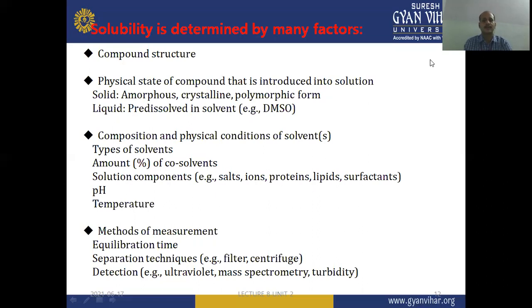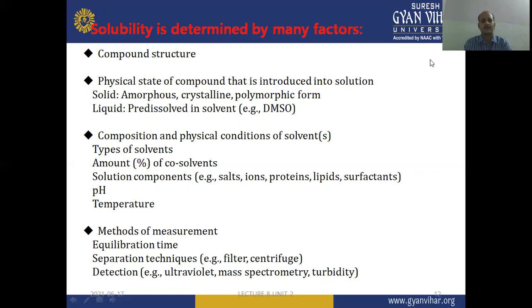So it depends on the types of solvents, the amount or percentage of co-solvents, solution components like salts, ions, proteins, lipids, or surface active agents or surfactants, then pH and temperature. These are the different compositions and physical conditions of the solvent which also affect the solubility.